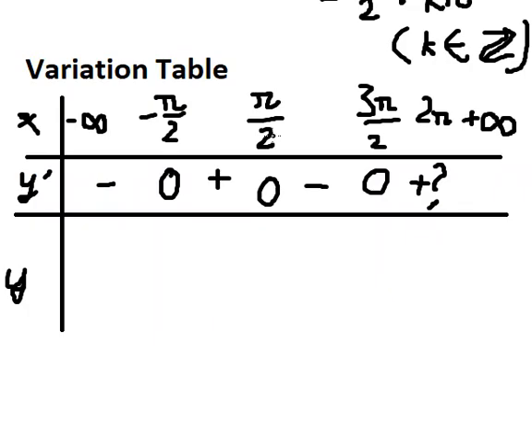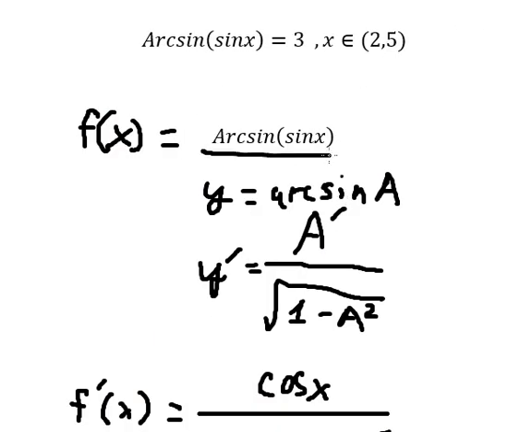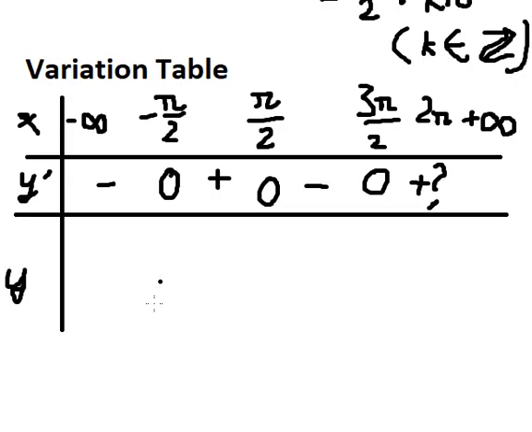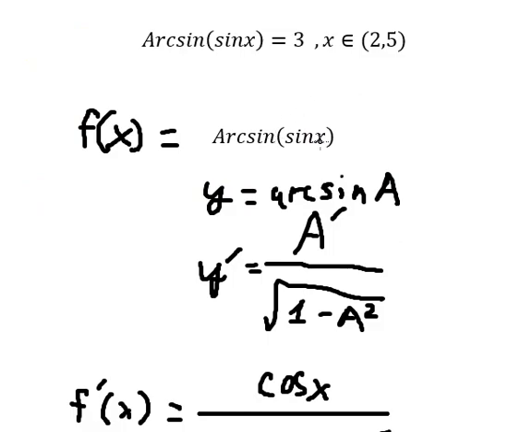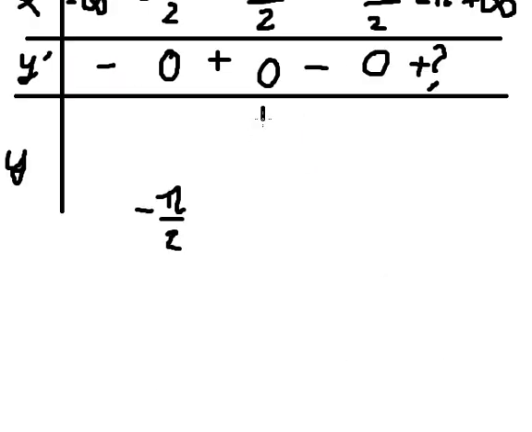So if I put negative pi over 2 back into this one, we have negative pi over 2. If I put this one back in here, that is pi over 2. Then this one we have negative pi over 2.